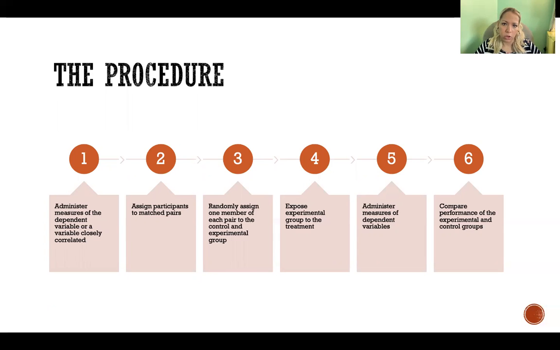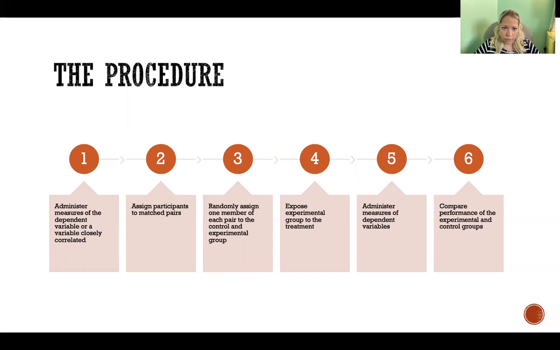So that way you are making sure that your two groups or more groups, you could have groups of 3 that you then disperse into 3 groups, are very similar or as similar as possible in that particular trait or characteristic of the participants that is relevant to what you're studying.